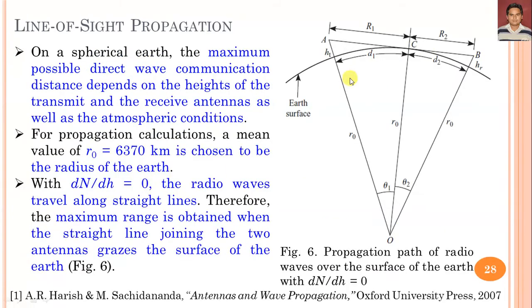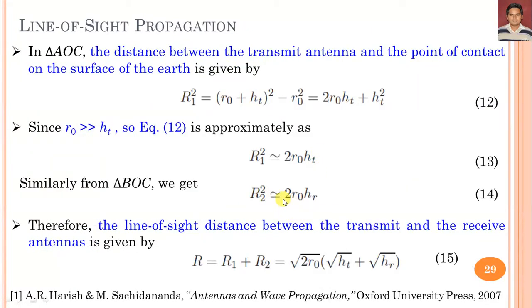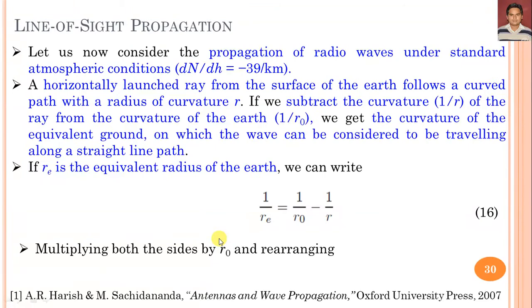Similarly, from the triangle BOC, we can calculate R2 square equal to 2 R naught HR. So by considering expressions 13 and 14, we can calculate the line of sight distance between the transmitting and receiving antennas, which is equal to root of twice R naught, times root of HT plus root of HR. Here you should take the values of HT, HR and R naught in SI units, and then we can calculate the line of sight distance using this expression.